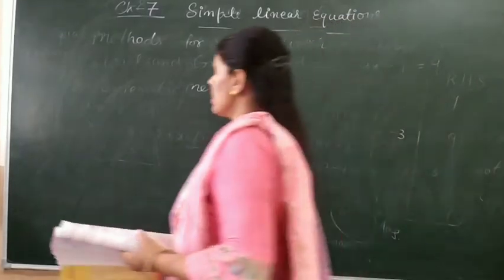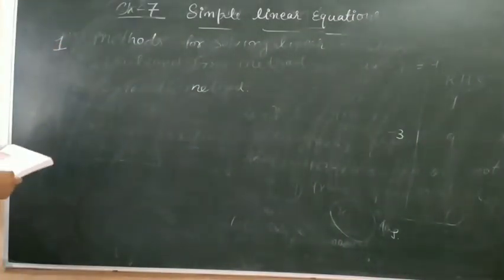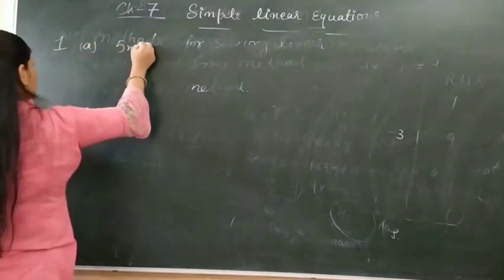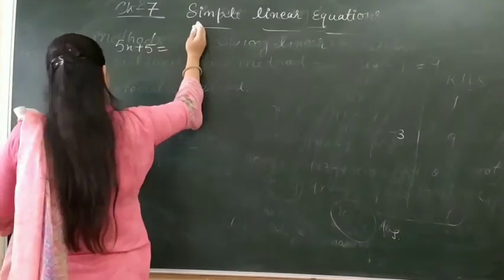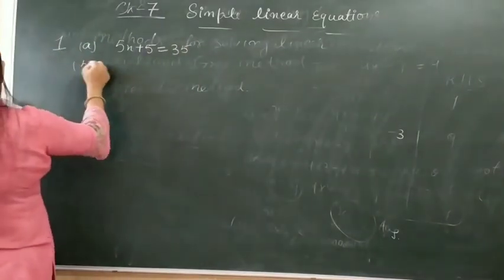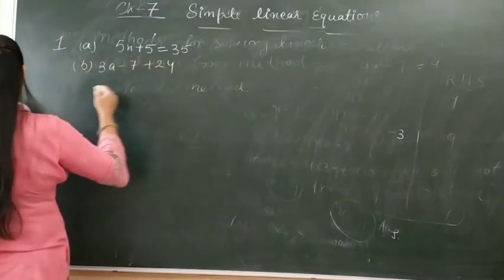Question number first is, we have four cases. First, 5x plus 5 is equal to 35. B, 3a minus 7 plus 24.